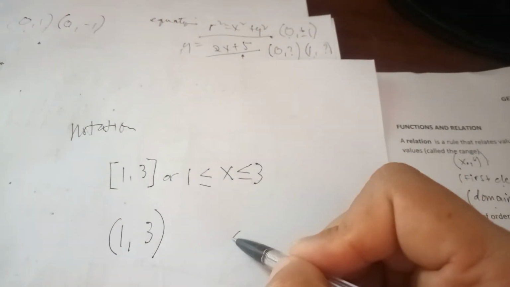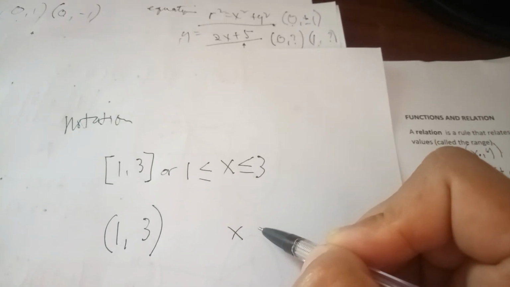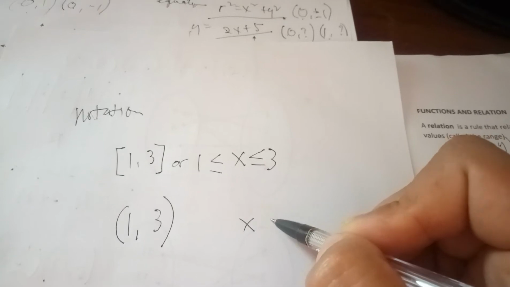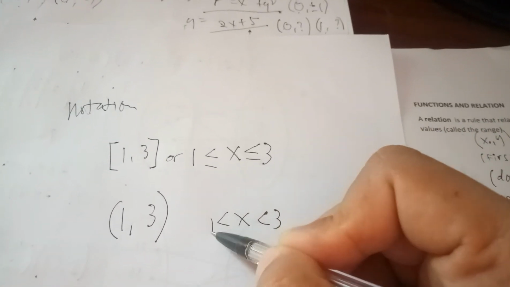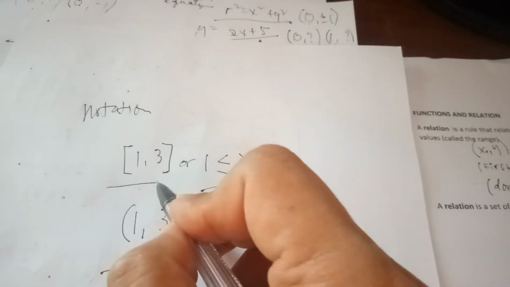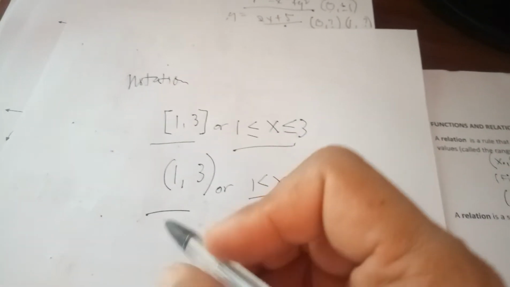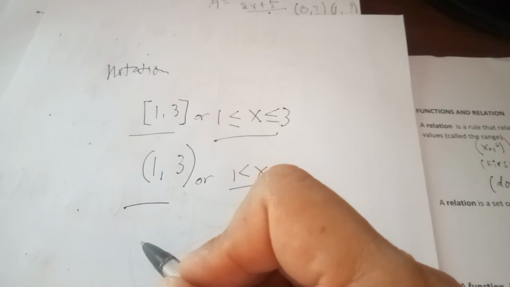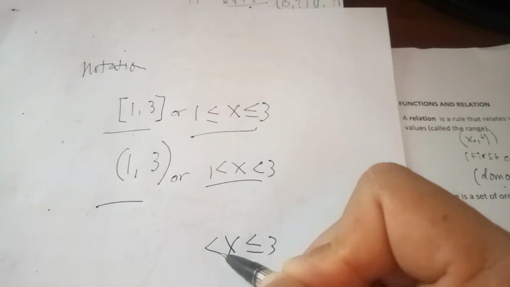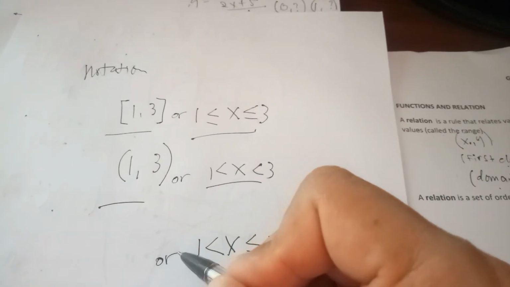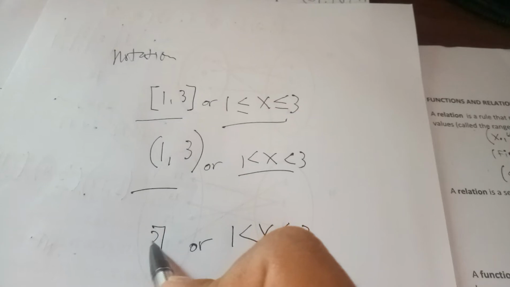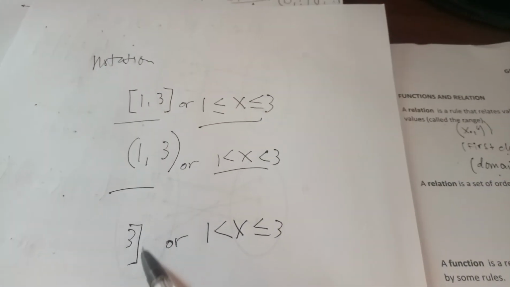Ito naman, x is less than 3, but greater than 1. O, yan yung mga notation. Okay, set builder notation. Okay, ano pa? Pwede rin naman siyang x is less than or equal to 3 but greater than 1. Pag equal, ito yung symbol ng equal.